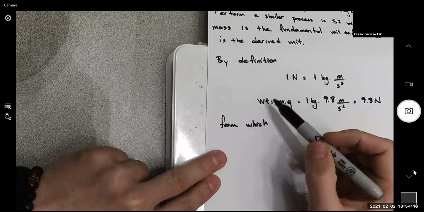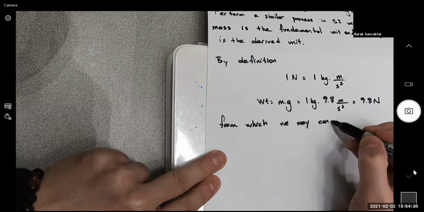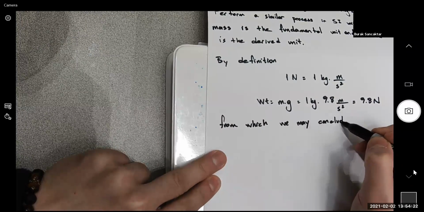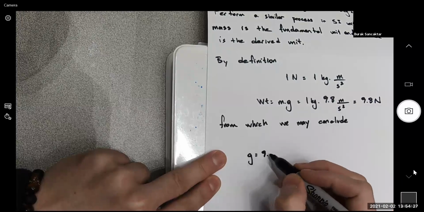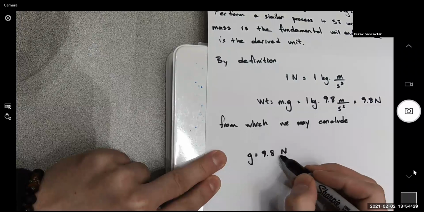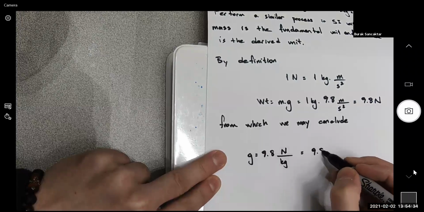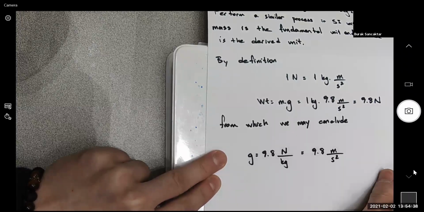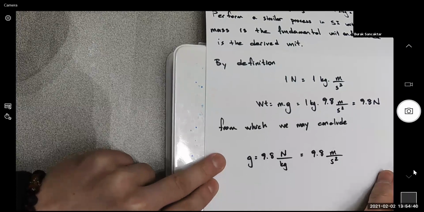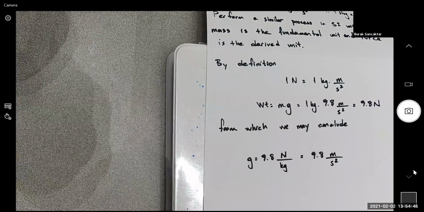From which we may conclude gravity is 9.8 Newton per kilogram, which equals 9.8 meters per second squared. I know you know all these, keep that in mind.